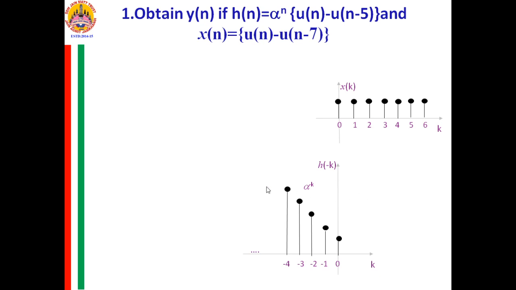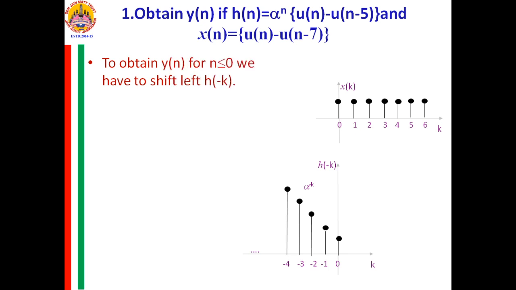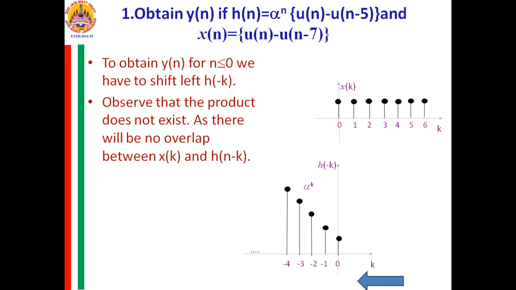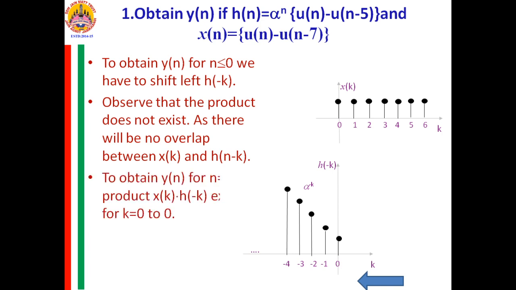Now if I shift left this h[minus k] for n less than 0, you will observe that there will be no overlapping between the shifted h[minus k] and x[k], and therefore the product x[k] and h[n minus k] will be equal to 0.